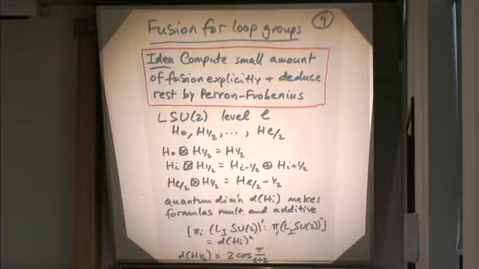That's the idea. So we'll use the general theory of subfactors to feed into that. We don't want to get our hands too dirty. So the idea is to compute a very small amount of fusion explicitly and deduce the rest by Perron-Frobenius.